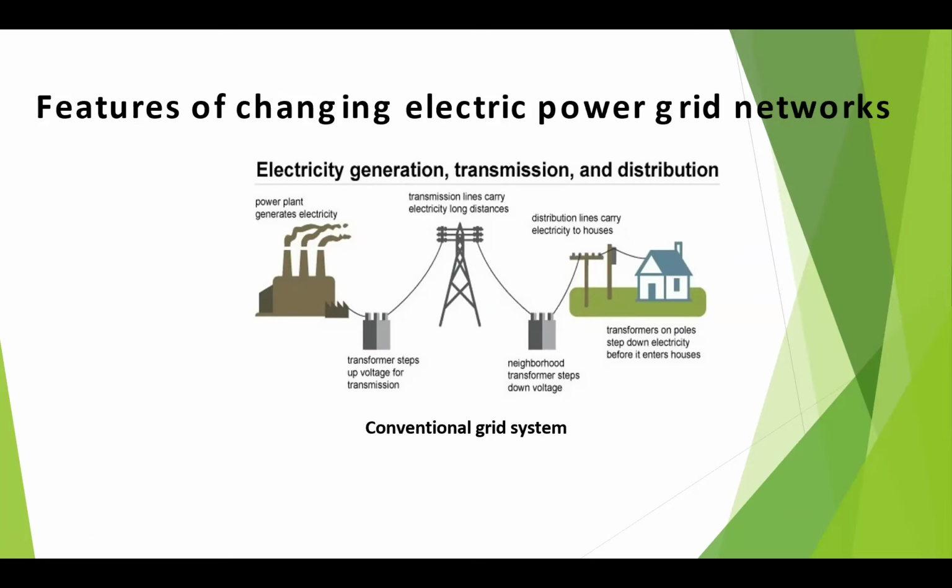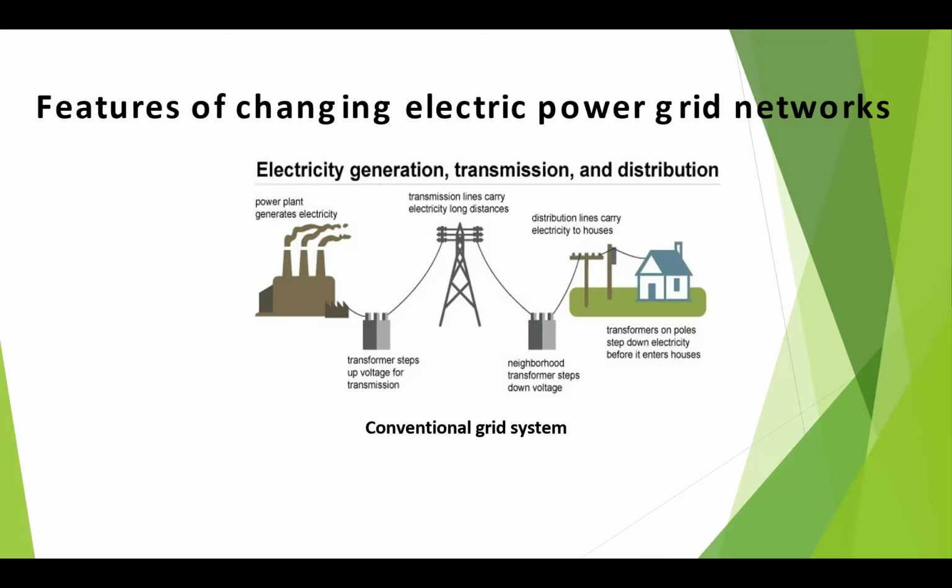Utility centers means the distribution centers, the main distribution stations. So they do not receive any feedback from the customers. That is the main drawback of the conventional grid system, and also it is not integrated with other systems.